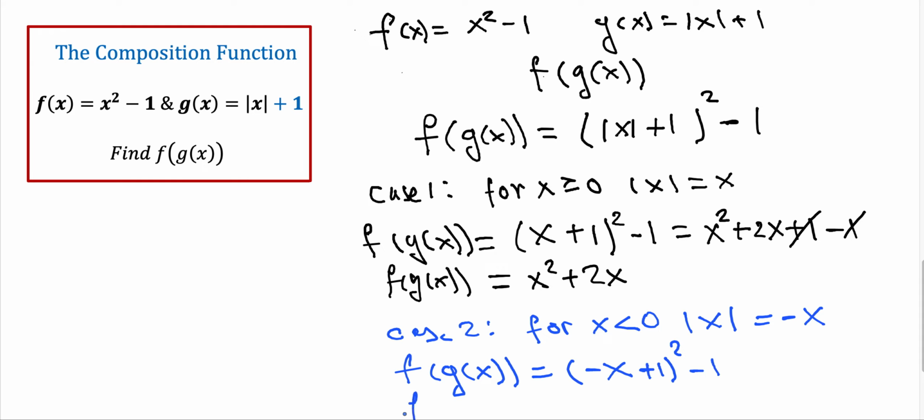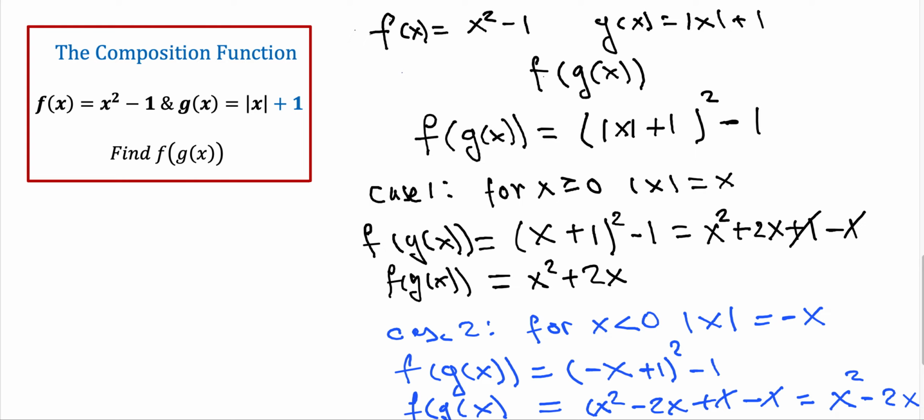What's going to happen here? f of g of x is going to be equal to, if I am squaring, x squared minus 2x plus 1, and this minus 1 is outside. This is going to cancel, and everything is going to be equal to x squared minus 2x. So that's what I get here.